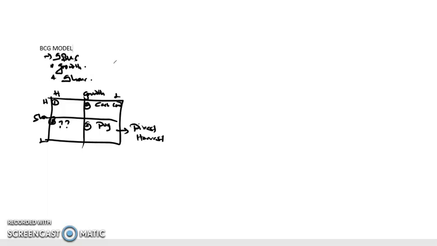Then you have the growth is high and the share is high. It's called a star. So every quadrant, you can read through your notes, whether it's a star, a cash cow, a question mark, or a dog, will differ depending on the product.